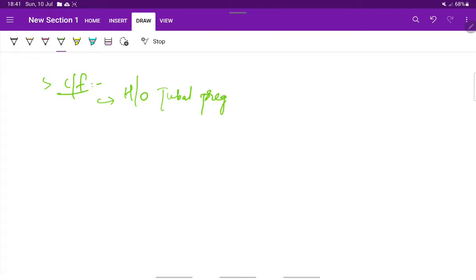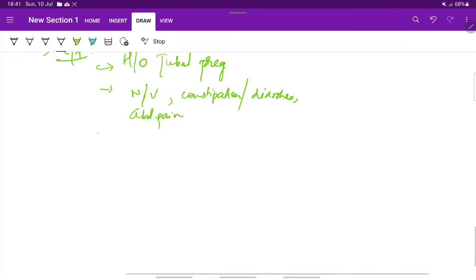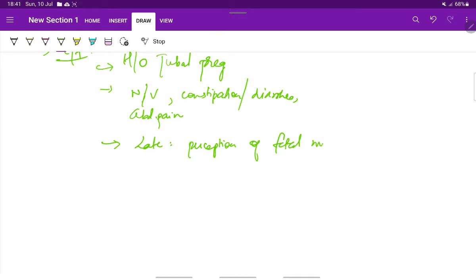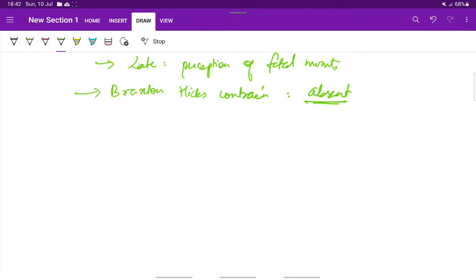The symptoms suggestive of tubal pregnancy, and the other symptoms include nausea, vomiting, constipation or diarrhea, abdominal pain, and in late pregnancy there can be perception of fetal movements, but the point to be noted is the false contractions, which are the Braxton Hicks contractions, are absent in this case. And on pelvic examination, the cervix is usually displaced.